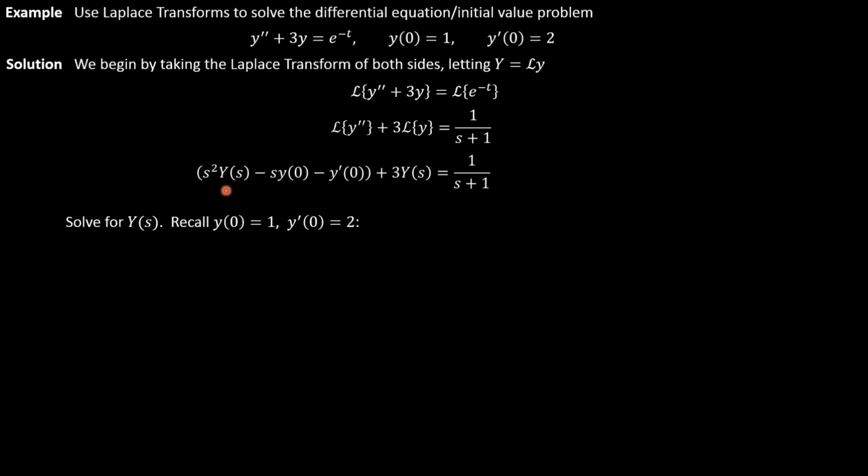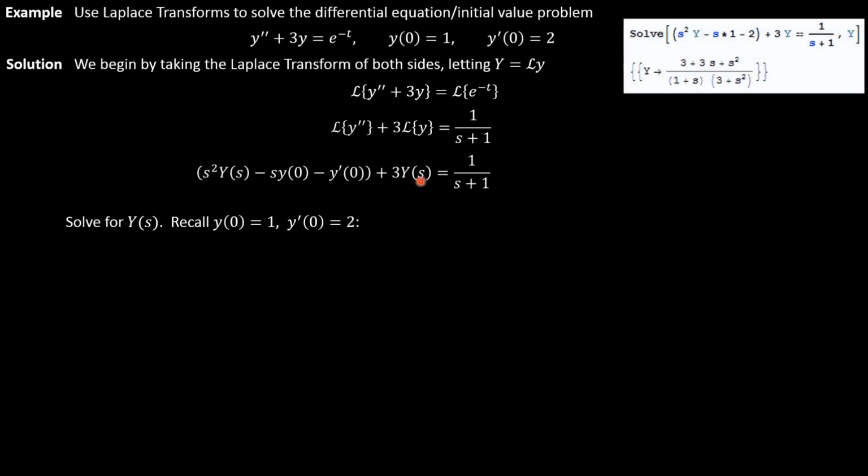No, you do not. We can easily solve for capital Y by collecting like terms or just using a computer. So if we take this equation that we have here and solve for Y, you end up with this, which I've written here.